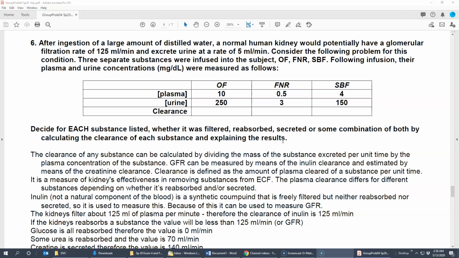We're going to assume the person's going to have a GFR of 125 mils per minute. That's the normal, right? And then we have these 3 different substances that are infused into a person: OF, FNR, and SBF. And then we measure their urine and plasma concentrations and figure out what the clearance of each one of those are.